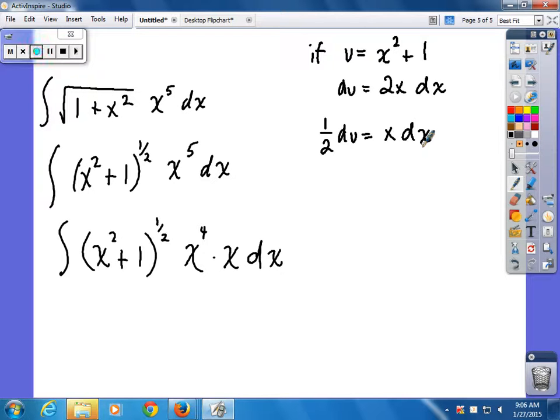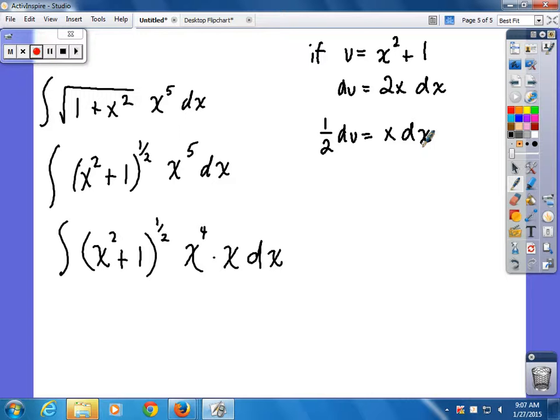u is equal to x squared plus 1. Therefore, du is equal to 2x dx. And from here, you can go several different directions. From here, you can say 1/2 du is equal to x dx. And then you could say x is equal to 1/2 du over dx. Or you could say dx is equal to 1/2 du divided by x.